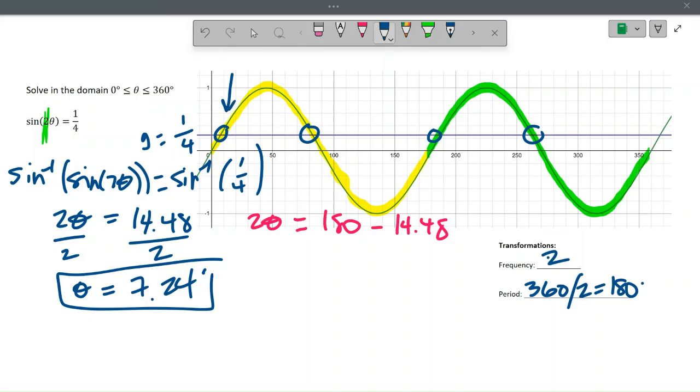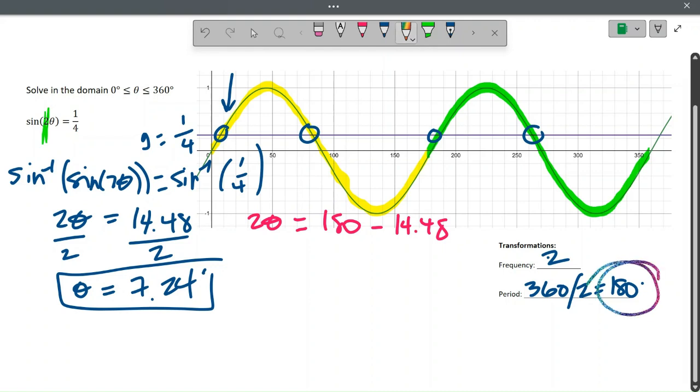Okay, now here's where the change happens. Normally, to find my second value within our domain, we would add 360 degrees because a sine wave repeats every 360 degrees. Since a sine wave now repeats every 180 degrees, because that's our period, I'm going to add 180 degrees to find the value that is in the same position in the second wave, so the one I just pointed to.